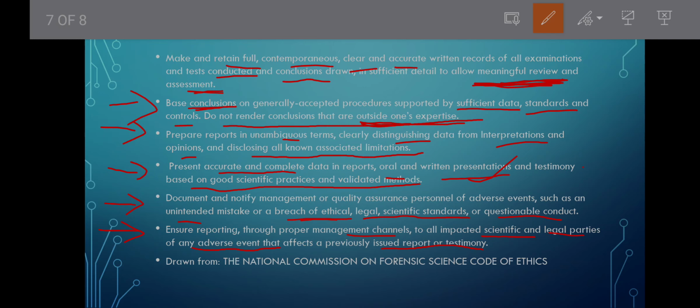Then in the second case, if your report is against the first report, meaning they are not matching, there should not be a point that is disagreeing in both of the reports. All of this has been drawn from the National Commission on Forensic Science Code of Ethics.